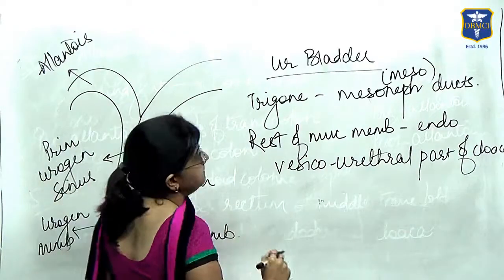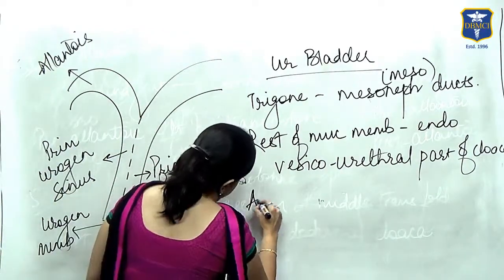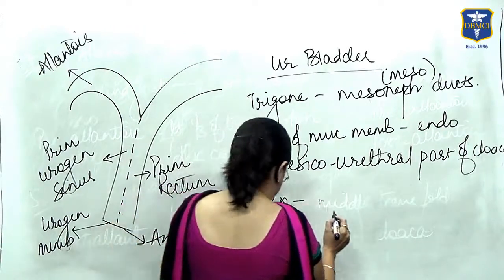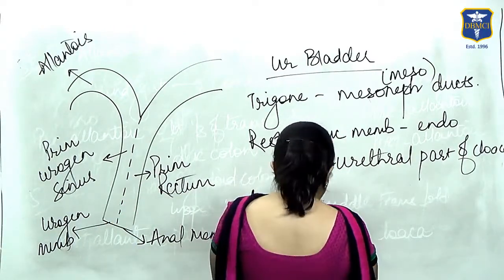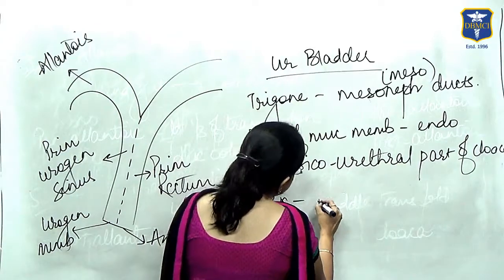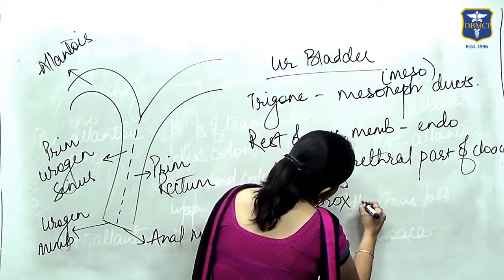Close to the apex, the part of the bladder develops from absorption of proximal part of allantois.